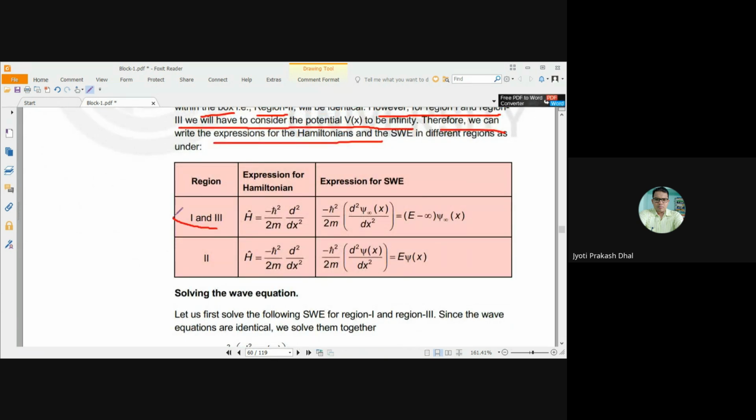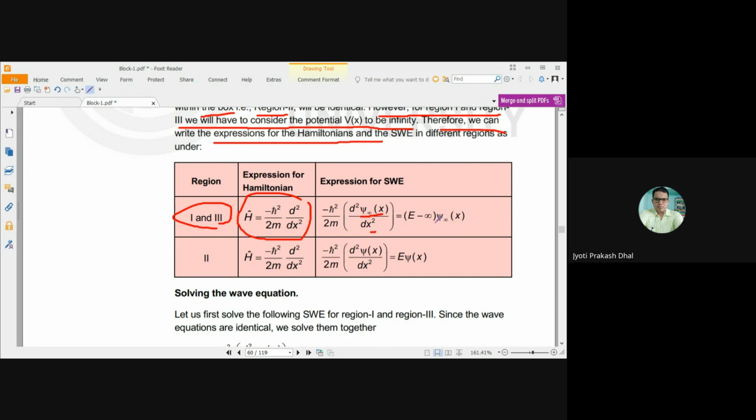For region 1 and 3, the Hamiltonian H cap equals minus h cross square divided by 2m d square by dx square plus V, and this is the expression of the Schrodinger wave equation because we know that H cap psi equals E psi. So the Schrodinger wave equation for the particle in region 1 and 3 is minus h cross square by 2m d square psi x by dx square equals E minus V psi x.